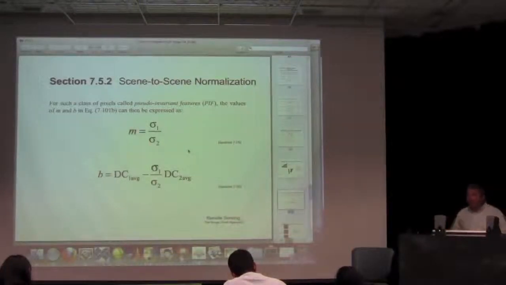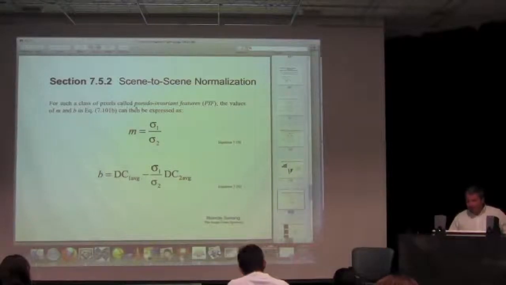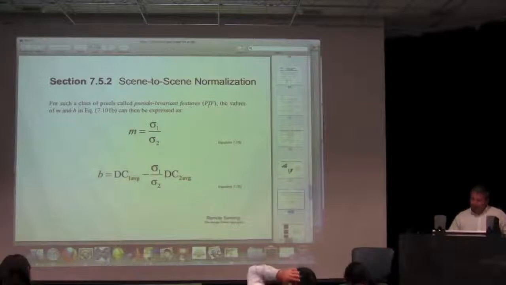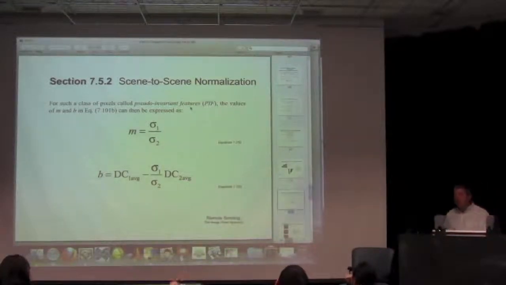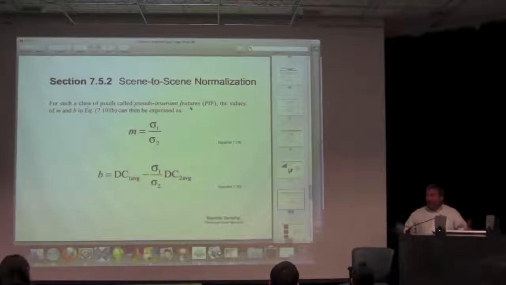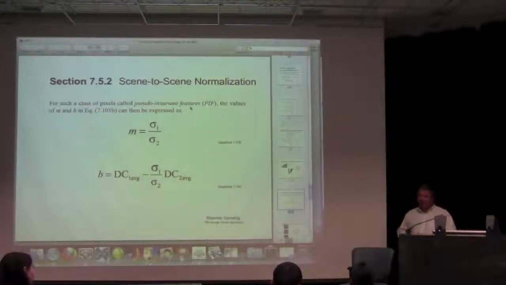So what you need is you need to derive these histograms, not on your full scene, but on something that we wound up calling pseudo-invariant features, or PIFs. A pseudo-invariant feature is a feature in your scene whose reflectance doesn't change as a function of time. Is there anything in the world that you know of whose reflectance doesn't change as a function of time?